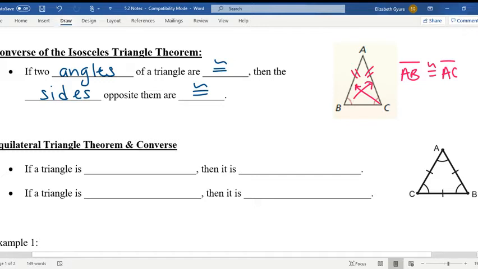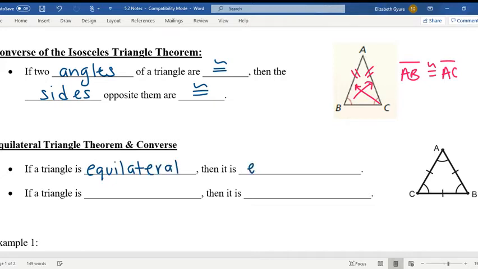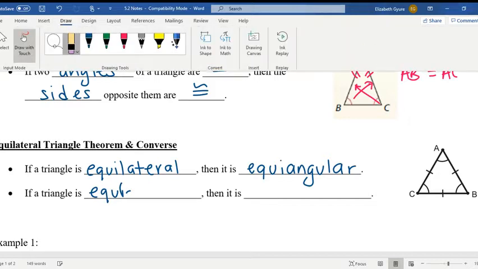If a triangle is equilateral, then it is equiangular. And if a triangle is equiangular, then it is equilateral.